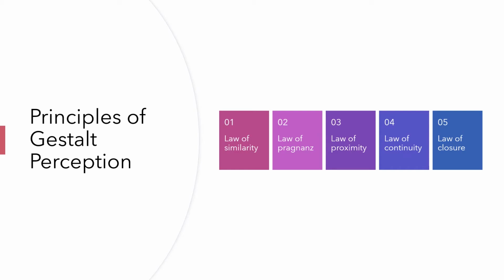So Gestalt psychologists argue that these principles exist because the mind has an innate disposition to perceive patterns in the stimulus based on certain rules. So there are a few principles. First we have law of similarity, law of pragnanz, law of proximity, law of continuity, and law of closure.